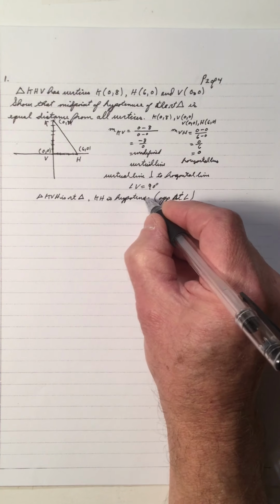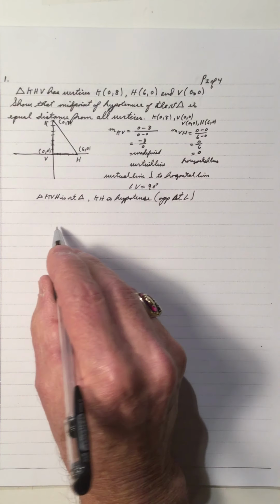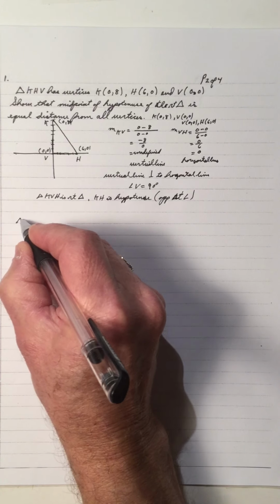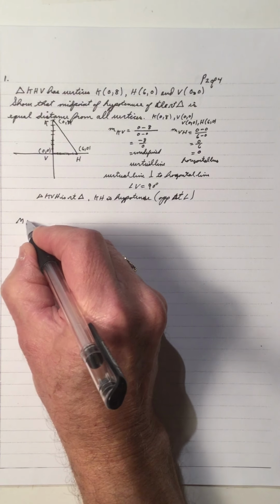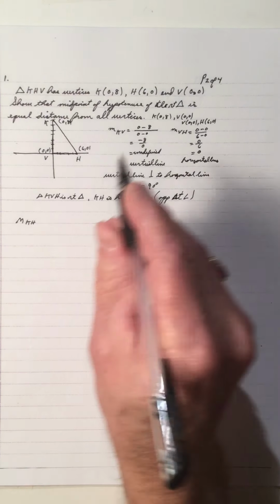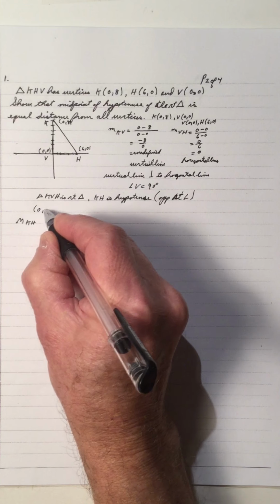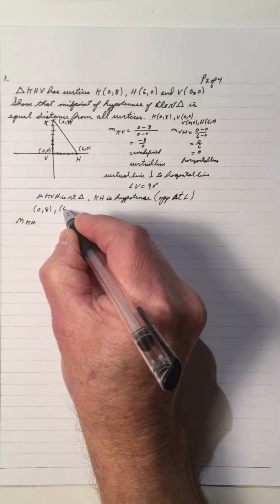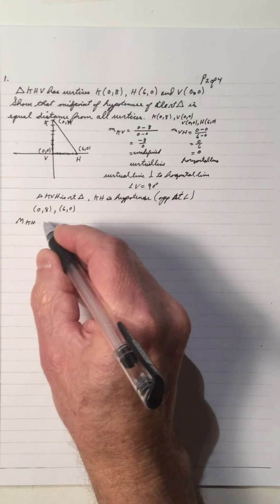The hypotenuse is opposite the right angle. So that means we have to get the midpoint of KH, because the midpoint is equal distance from all three vertices. So K is (0,8) and H is (6,0).